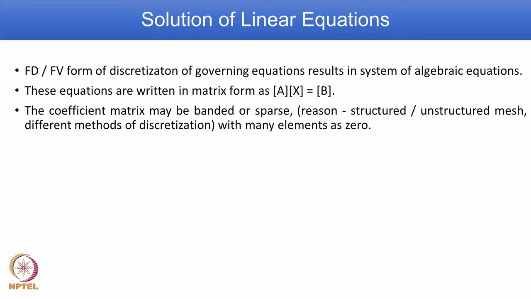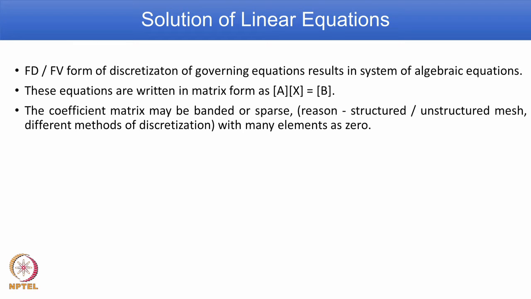The coefficient matrix A may be banded or sparse. It is sparse because we use different structured or unstructured grids. We follow different discretization procedures.